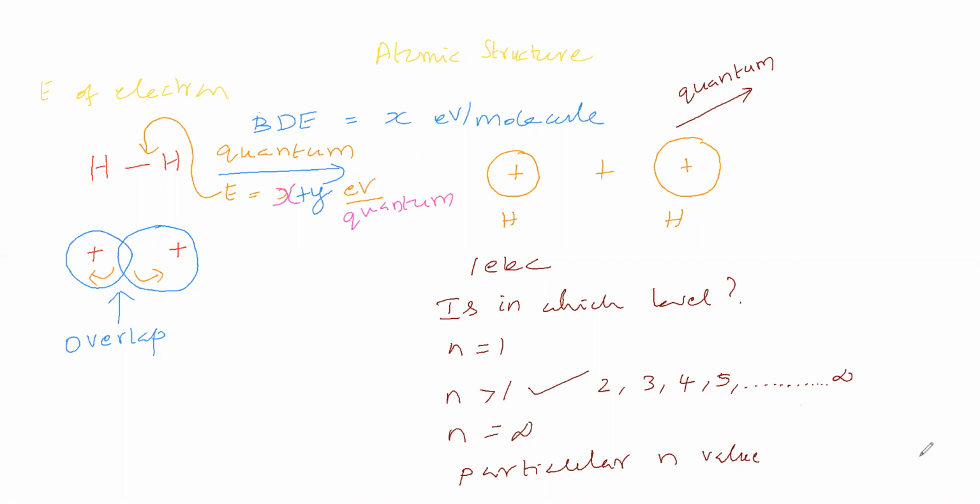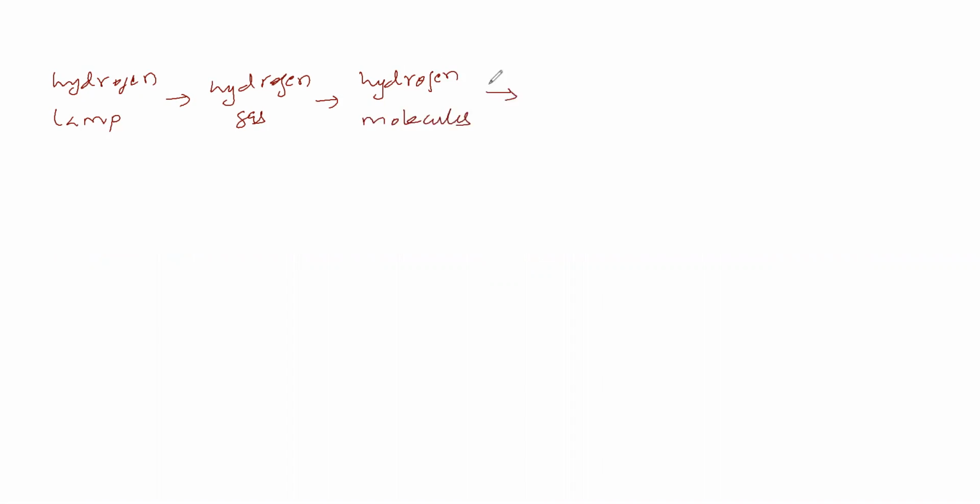So now we are taking a hydrogen lamp. In the hydrogen lamp, hydrogen gas is present. Hydrogen gas consists of hydrogen molecules. Hydrogen molecules absorb quanta from the current we are supplying.